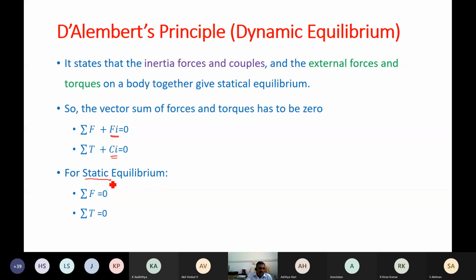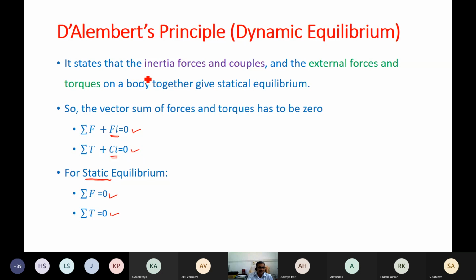If the body is in a static position, then net force is equal to 0 and net torque is equal to 0. If the body is in motion, in acceleration, then net force plus inertia force is equal to 0, and net torque plus inertia couple is equal to 0. This is known as D'Alembert's principle. Based on D'Alembert's principle, in dynamics, we are going to do the force analysis.